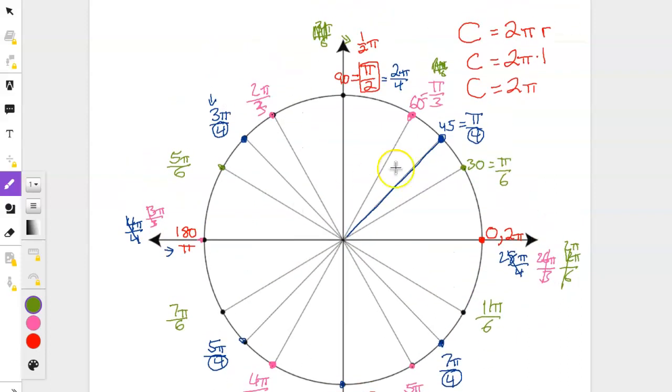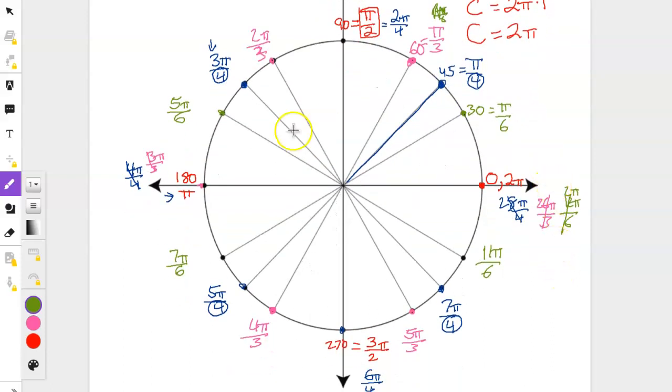Just taking fractions of 2 pi, which is based upon the circumference of the circle formula. So what you want to be able to do is recreate this as needed. And at some point, after doing this system long enough, it's going to be like the new multiplication table of higher math. You don't use degrees anymore. You'll just get used to seeing pi over 4 and pi over 3.